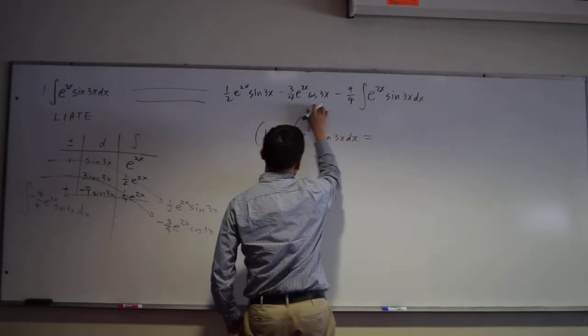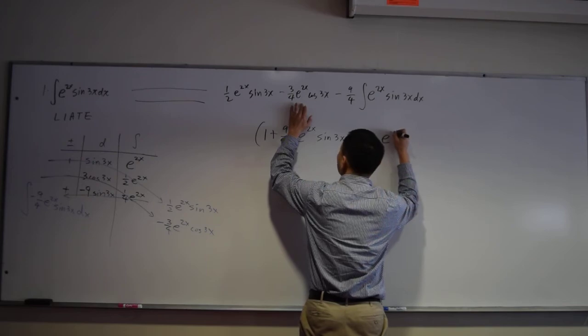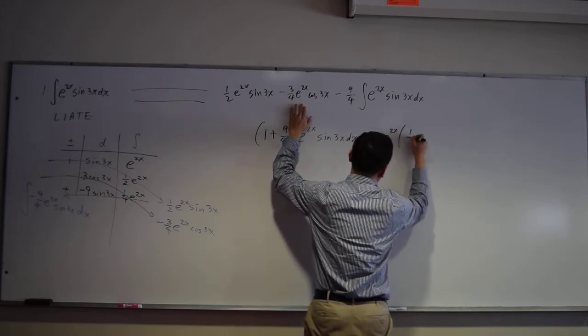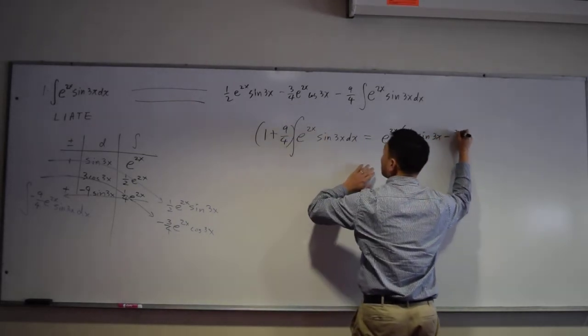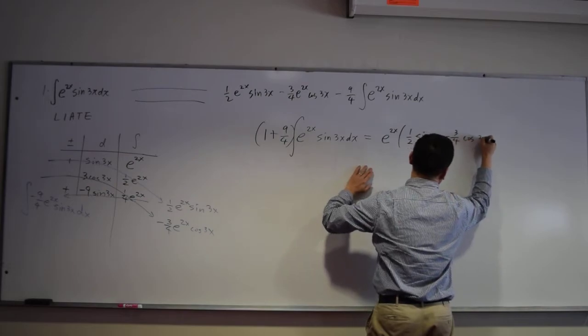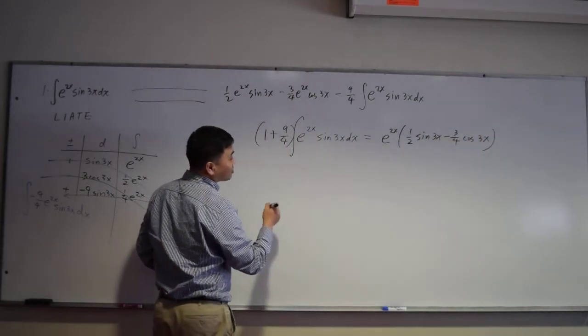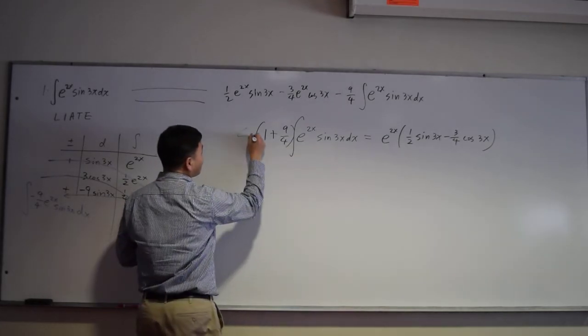And what's left here is, see, they both have e to the 2x as the common thing, so let's factor the e to the 2x out and get 1/2 sine 3x minus 3/4 cosine 3x. And then let's just multiply by 4 because I don't like fractions that much. So multiply by 4.